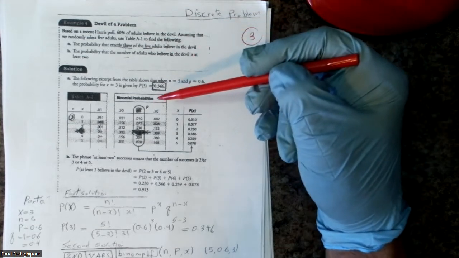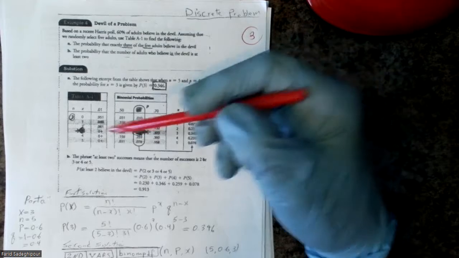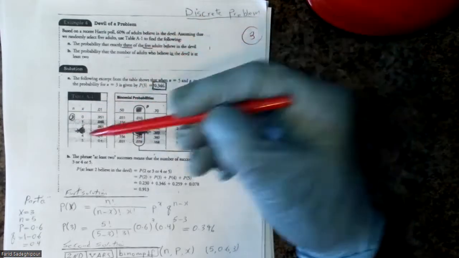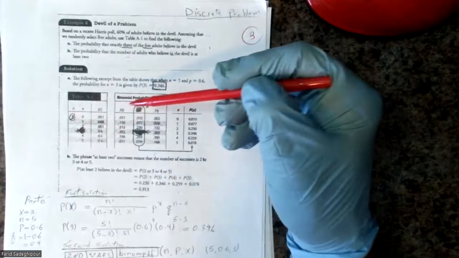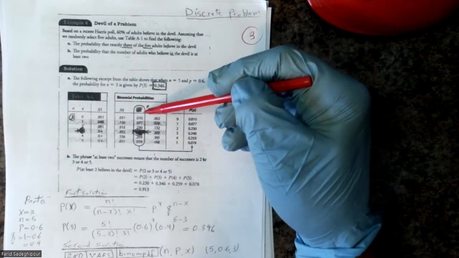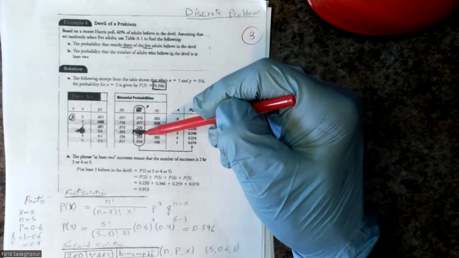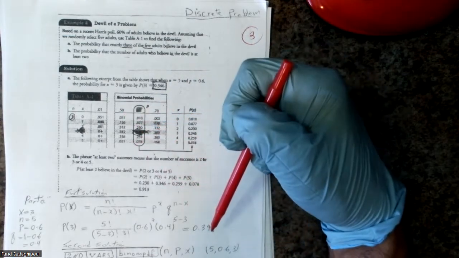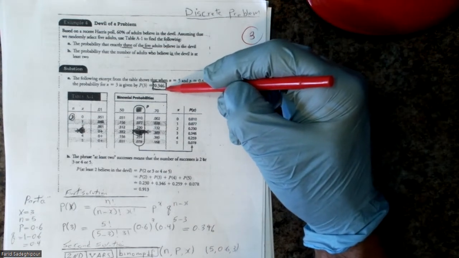On Table A1, n is 5 and x is 3, and the probability of success is 60%. So the number would be 0.346.